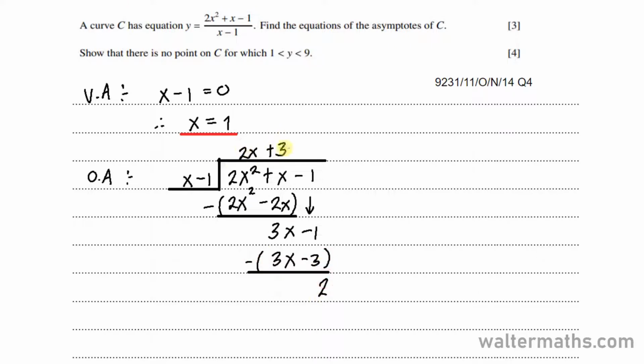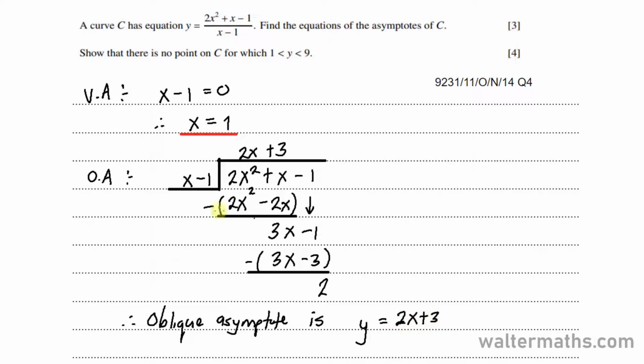But what we're concerned with is the quotient, so therefore the oblique asymptote is y is equal to 2x plus 3. That's the oblique asymptote here.